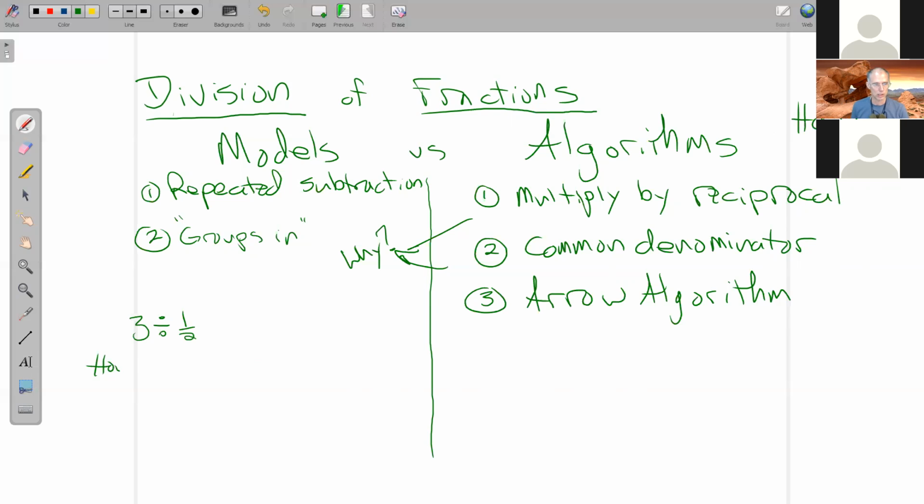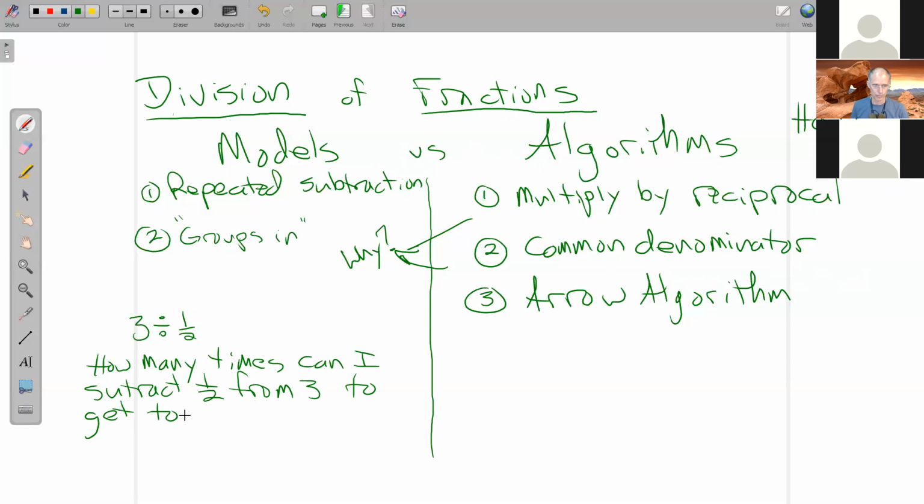So how many times can you subtract 1/2 from 3 to get to 0 or close to 0. And it's just a matter of repeatedly subtracting. You just start subtracting, see how many times it happens.